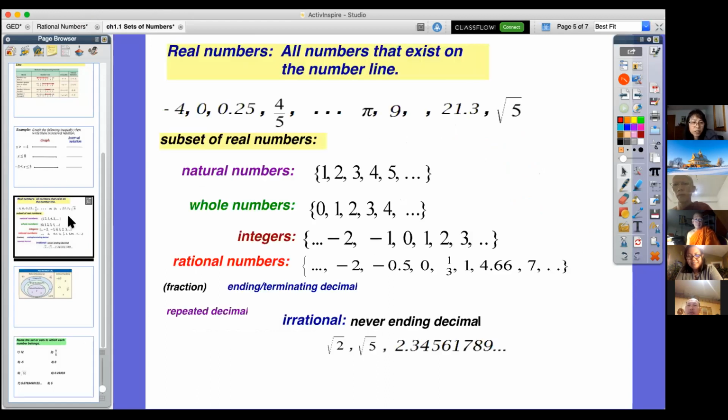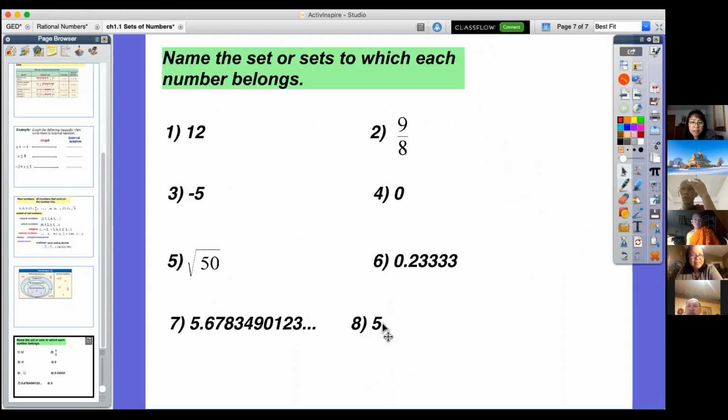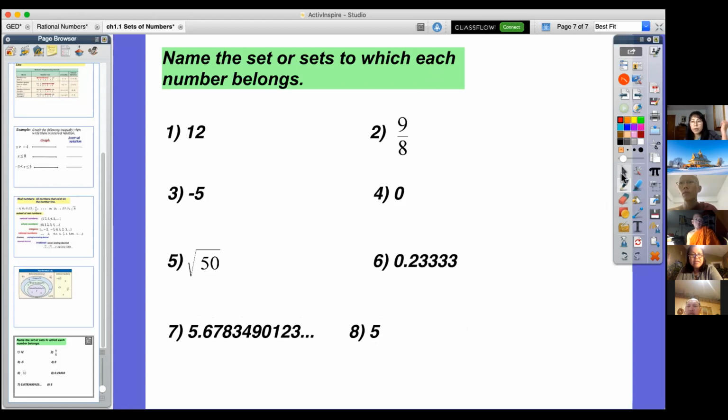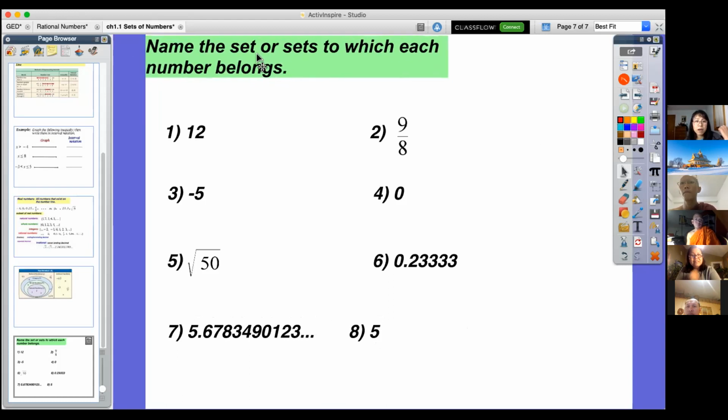Since I worked with your sheet about natural numbers, whole numbers, integers and all that, I just got these 8 questions for them to look at. Then you can go to your passage. What set does it belong to?